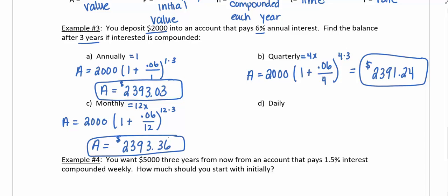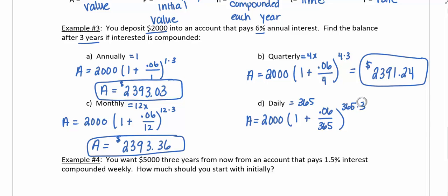And then lastly is daily. Daily would be 365 times per year. So I'm starting with $2,000. My rate is 0.06, and this time I'm compounding 365 times per year, right? That's n. Then I've got 365 times 3, right?